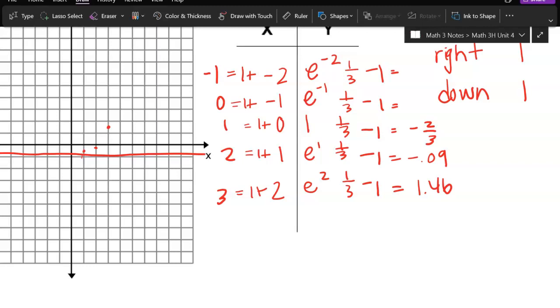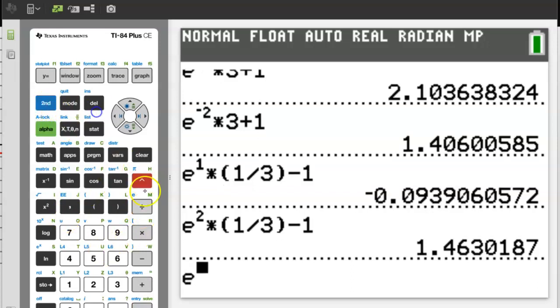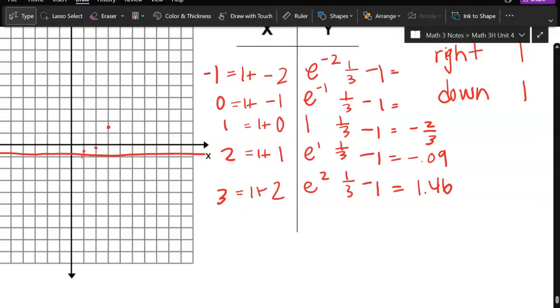All right, and then e to the negative 1. So we get negative 0.878, so negative 0.88 if we're rounding. So it's 0, negative 0.88, so closer to that 1 value.